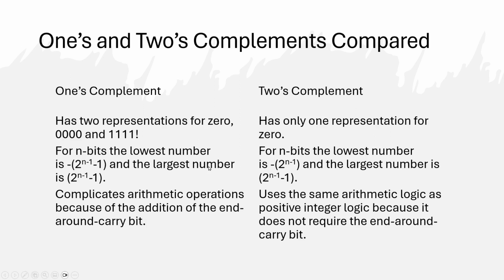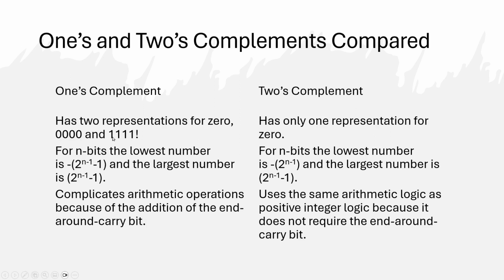And the largest number is 2 to the (n-1) power minus 1. This is a positive number, and it's equal to 7. So for a 4-bit number under the ones complement system, the lowest number is -7, and the largest number is +7. The reason for that is that the first digit in both the positive and the negative represents the sign. It doesn't represent a number, it represents the sign.